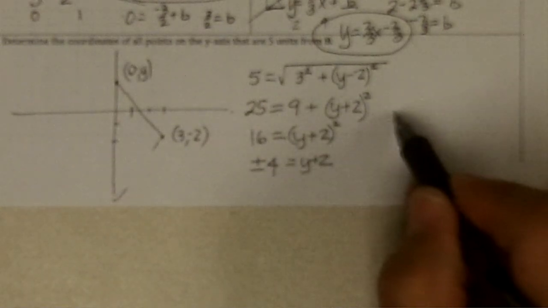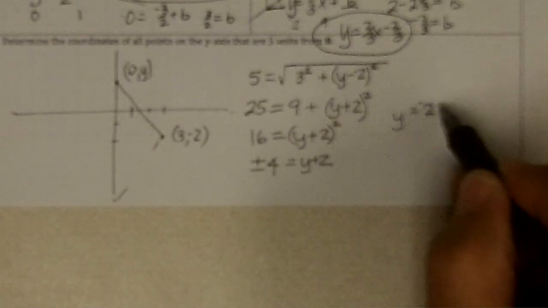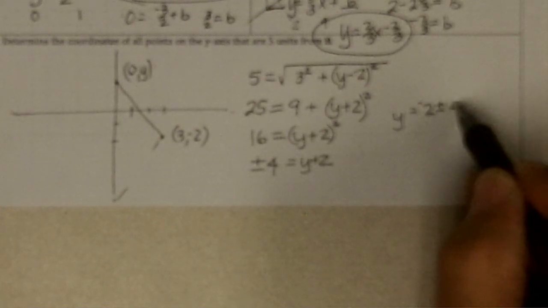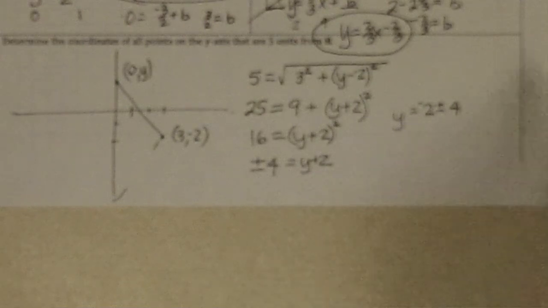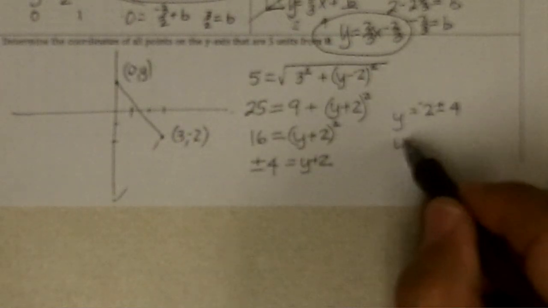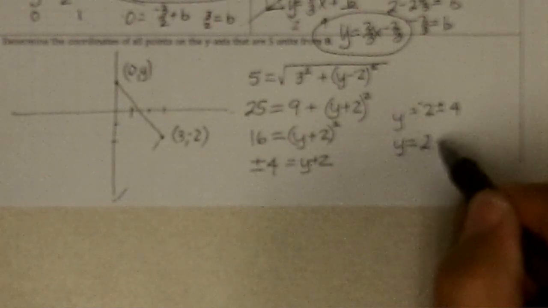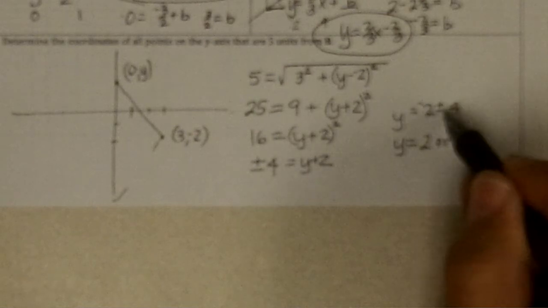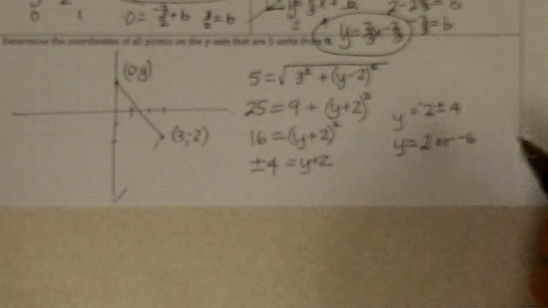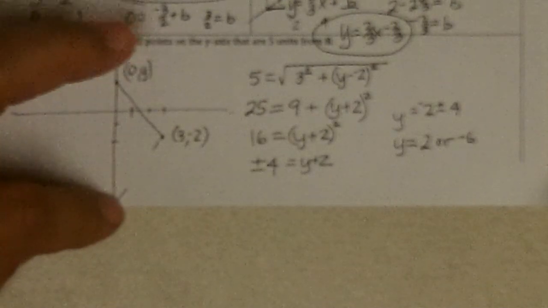Then I subtract 2 from both sides and I get y is equal to minus 2 plus or minus 4. So minus 2 plus 4 is 2. Minus 2 minus 4 is negative 6. So y has to be 2 or minus 6.